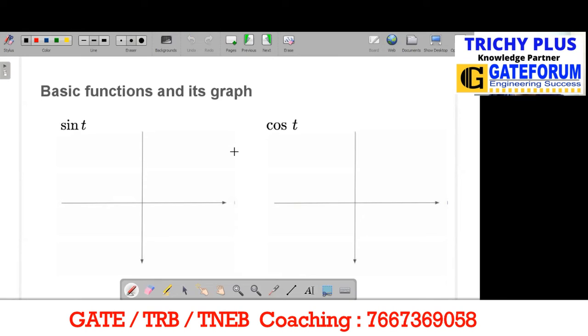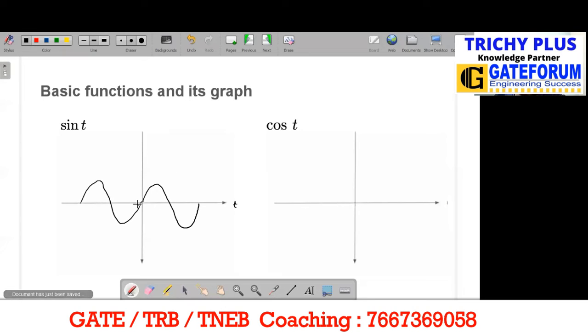Okay, fine. Before we start the actual syllabus in calculus, let me go through some basic graphs. It will be useful. This is nothing but sin t. This is your t. It will look like this. We all know sin t, cos t.